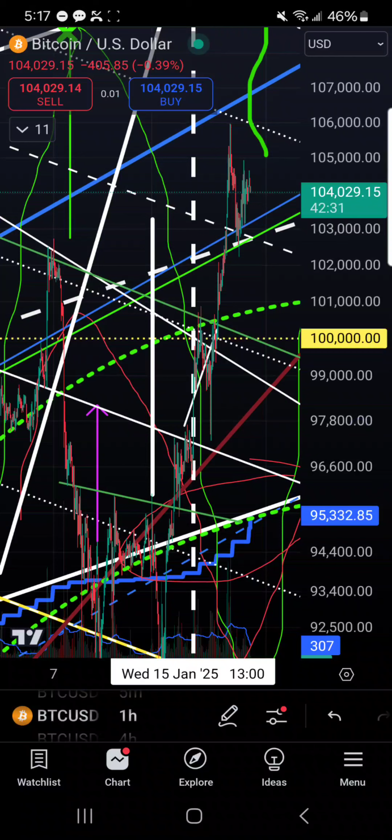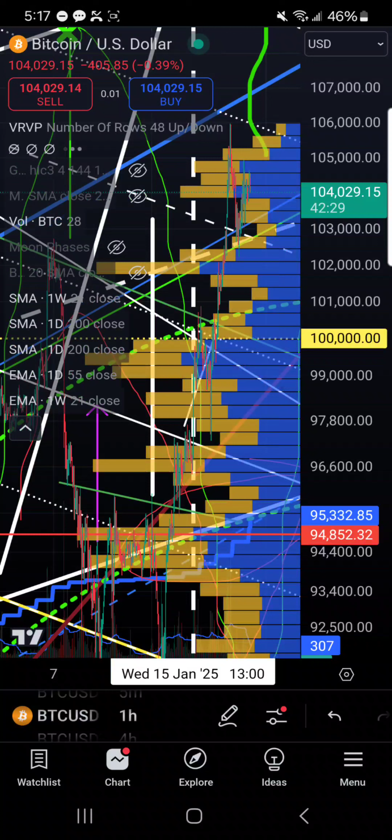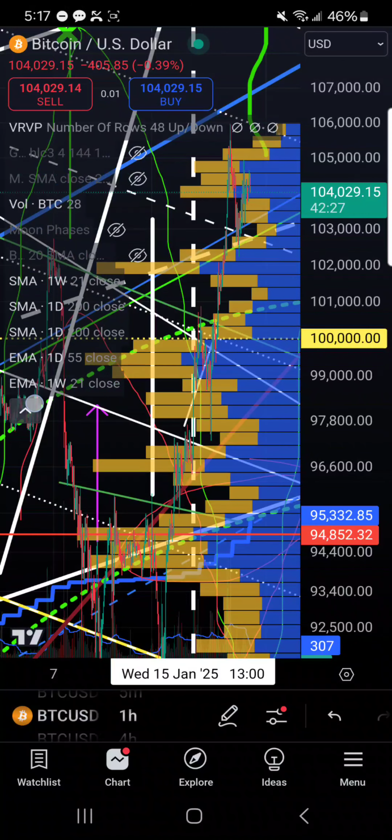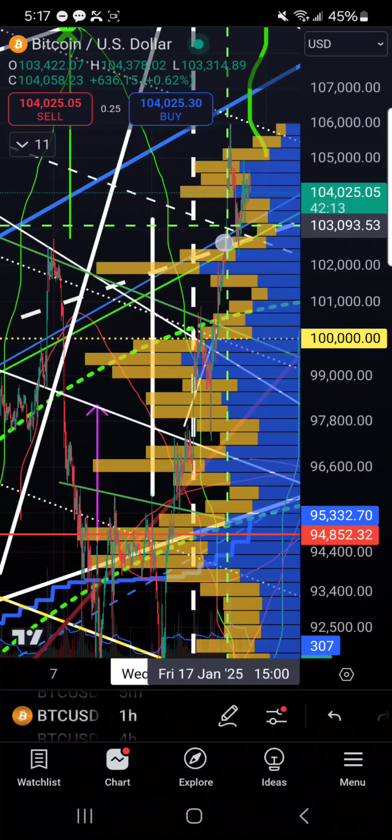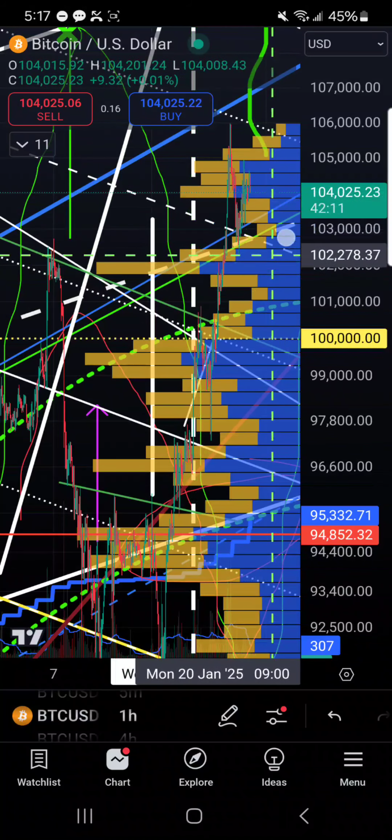So if we do that, and then we turn this on, you can see that we're filling in this entire range, about 106 from where we were, pretty nicely here.